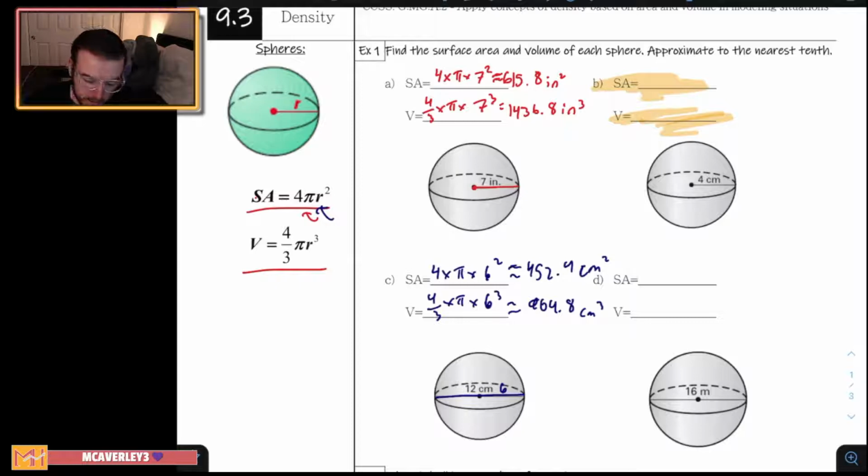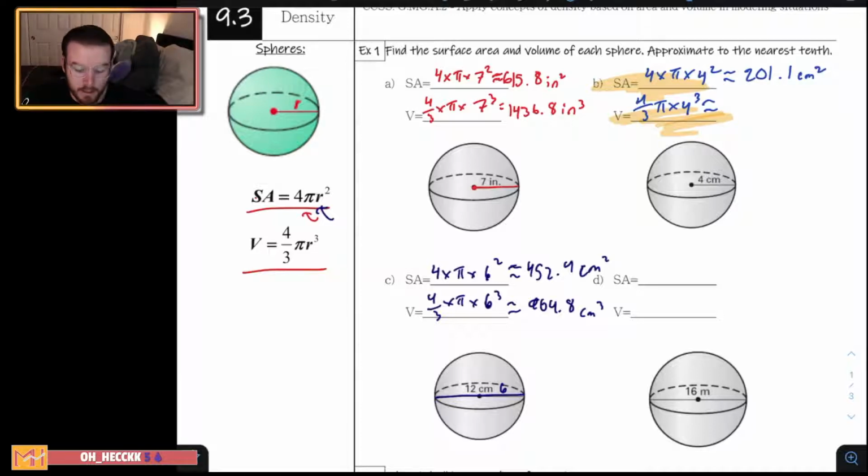It is the radius. So you did 4 times pi times, and we'll plug that into a calculator in a second. And this one is 4/3 times pi times 4 cubed. And when I plug each of these into the calculator, I get 4 times pi times 16, 4 squared, 201.1 centimeters squared.